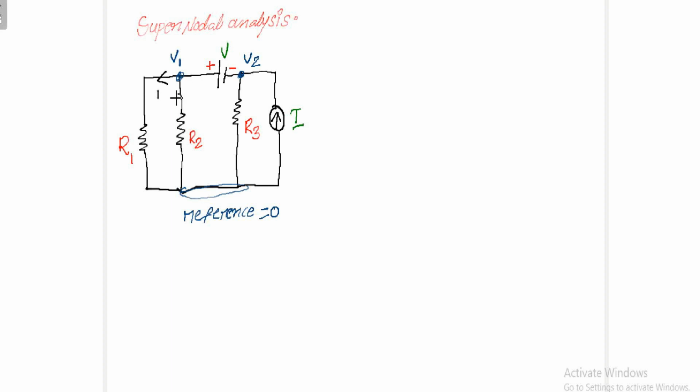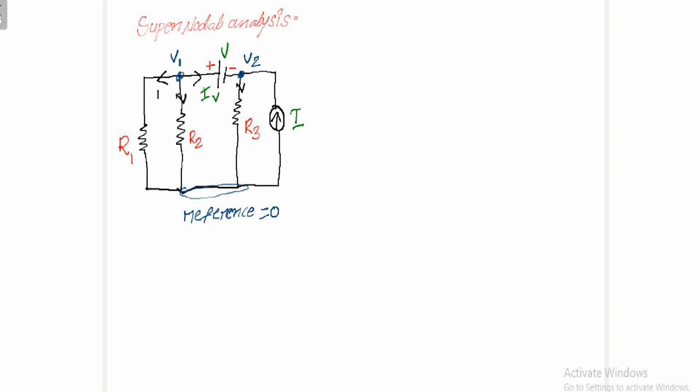So this is one more current, and this is one more current, and here also denote a current which is moving away from the node. Let us indicate the current flowing in this branch between V1 and V2 with IV. IV is a current which is flowing in this branch between the voltages V1 and V2.